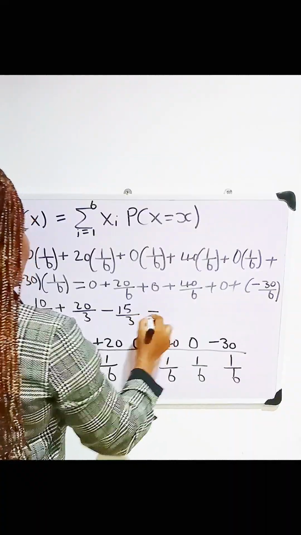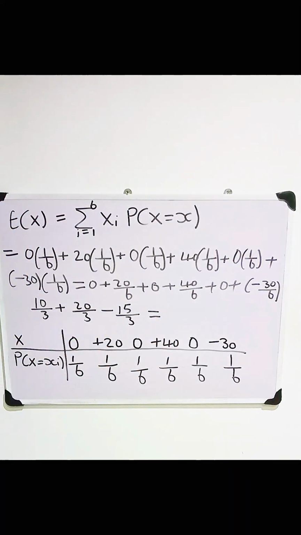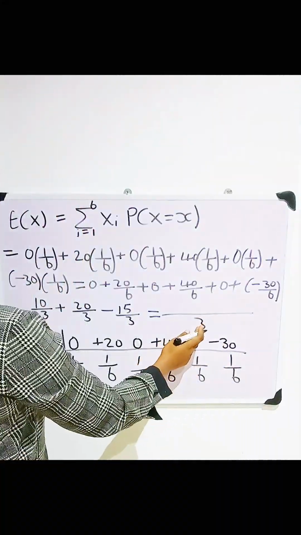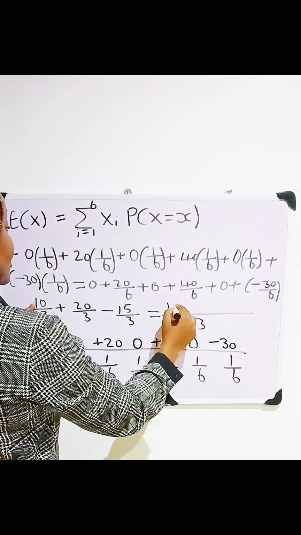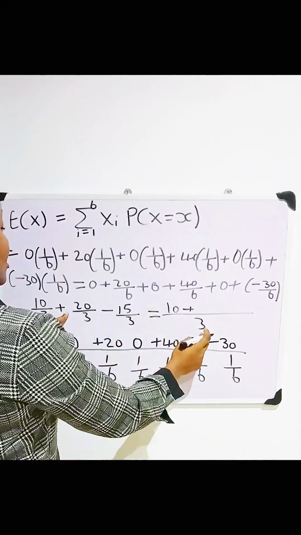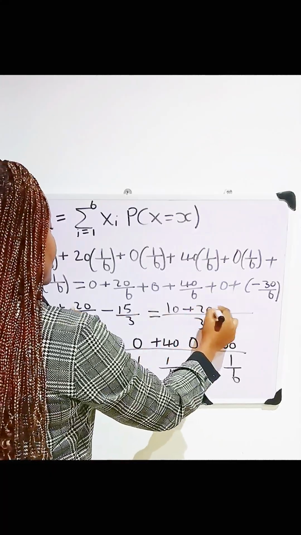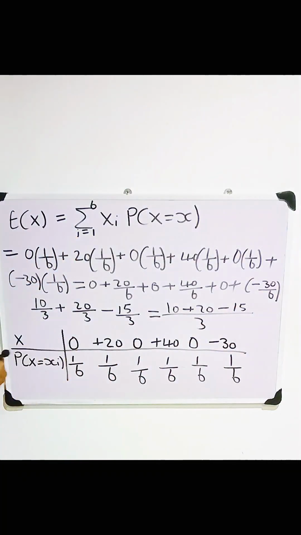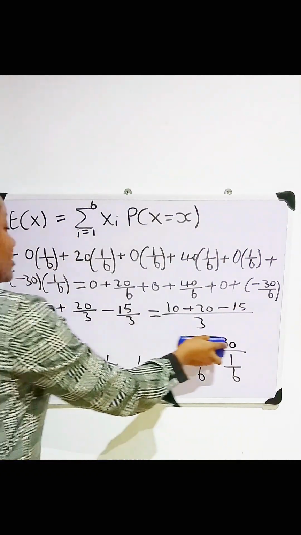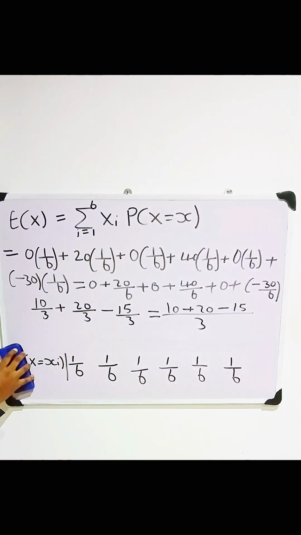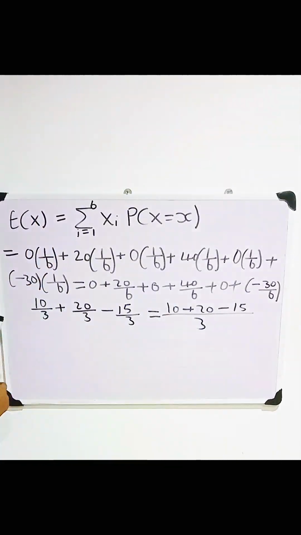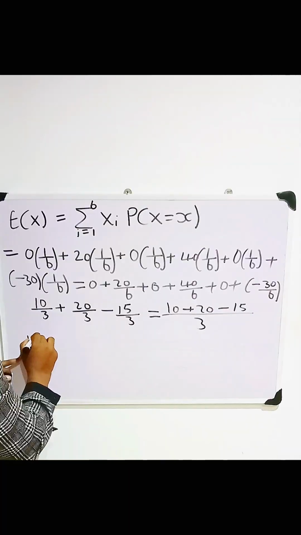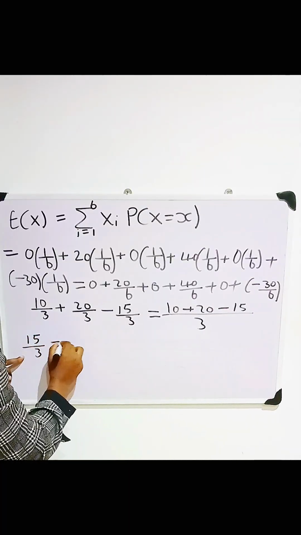So at this point, taking the LCM, which is obviously 3, 3 into this is 1 times 10 is 10, plus 3 into this is 1 times 20 is 20, minus 3 into this is 1 times 15 is 15. So at the end of the day, what do we have? Simplifying this, 10 plus 20 is 30, minus 15 is 15 all over 3, which is equal to 5.